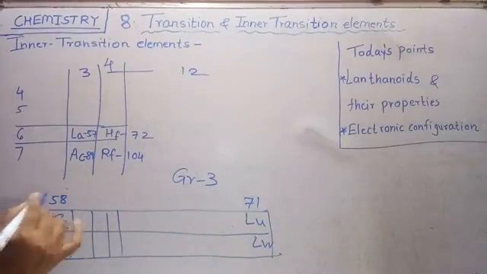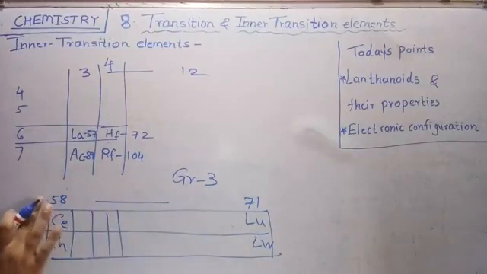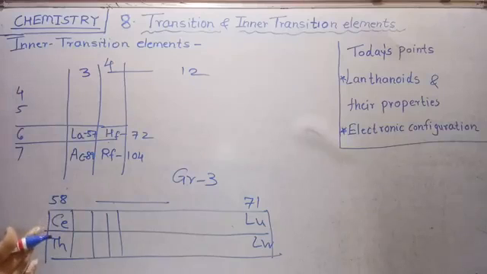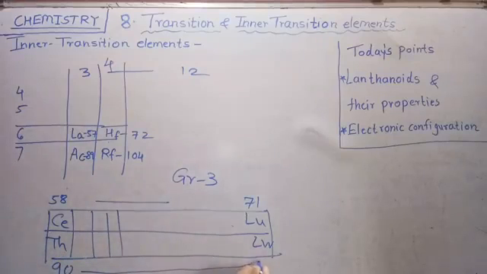So a total of 14 elements, from 58 to 71, are placed in the first series of F block elements at the bottom of the modern periodic table. This is the first series of inner transition elements. Then the second series starts with thorium 90 and ends with lawrencium 103.